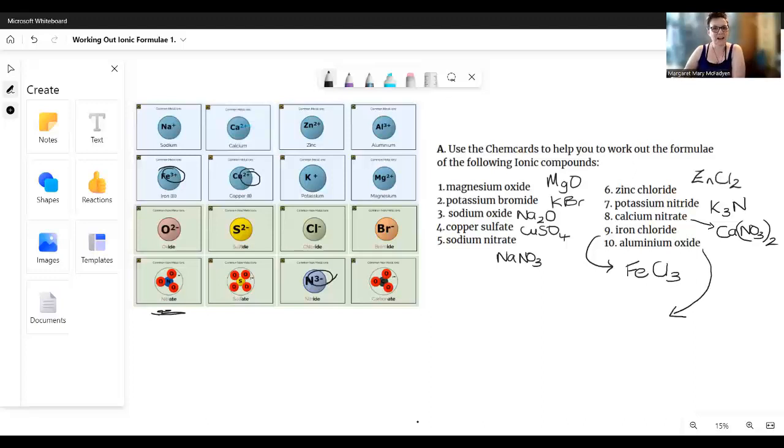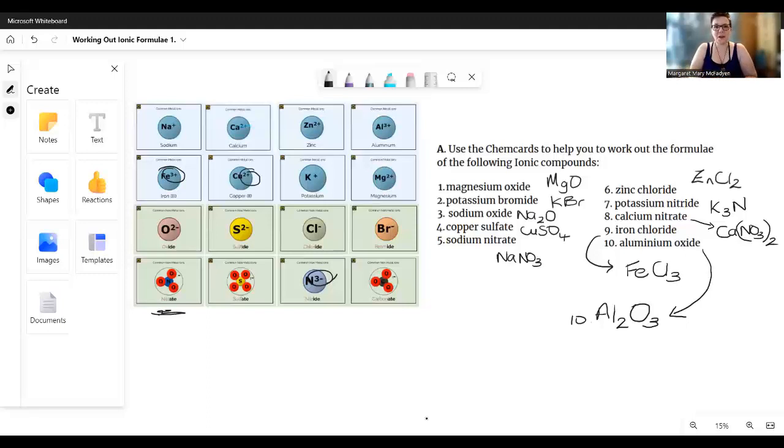So these are getting harder as you get to these last 3. But aluminium is 3 plus. So if we have 2 of those, that will give us a total of 6 plus. Oxide is 2 minus. And if we have a total of 3 of those, that will give us 6 minus. So this is the answer to number 10.